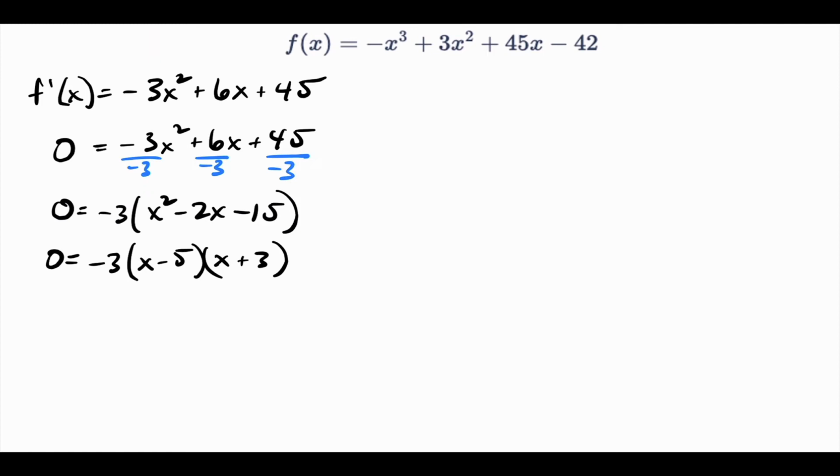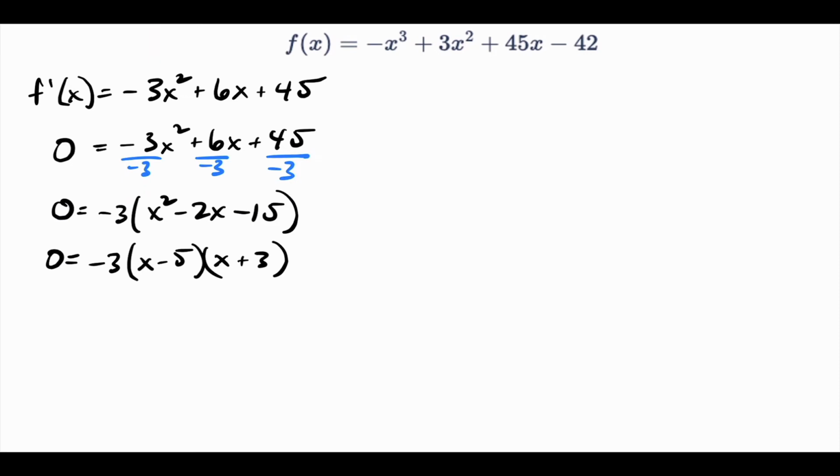Okay, so find the derivative. Boom. Factor, like you guys did in math 2 and math 3. Okay, so when I factor, I get -3 times x minus 5 times x plus 3 equals 0.